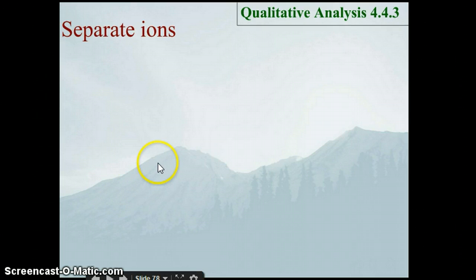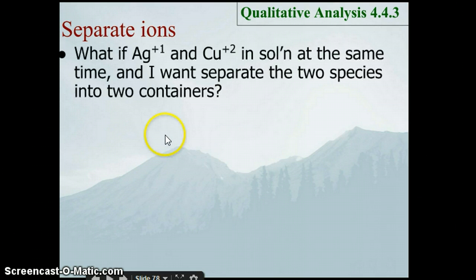So, easiest way to think about qualitative analysis is to think of this hypothetical situation. I have a solution that contains both dissolved silver ion and copper ion at the same time, and I want to separate the two species in two containers, what do I have to do? So if I have dissolved silver ion and dissolved copper ion, I can add any number of anions.